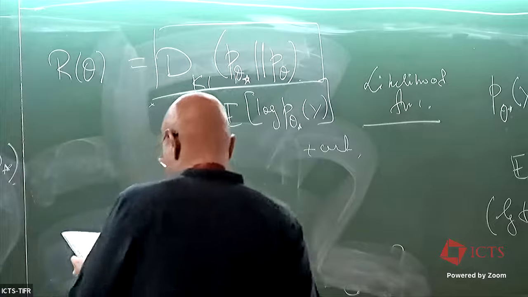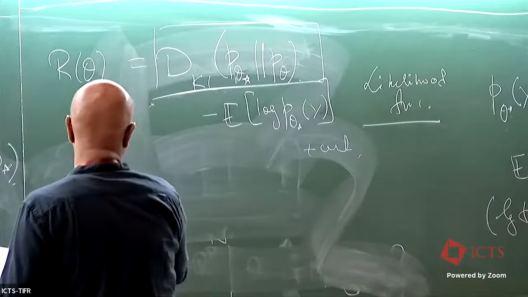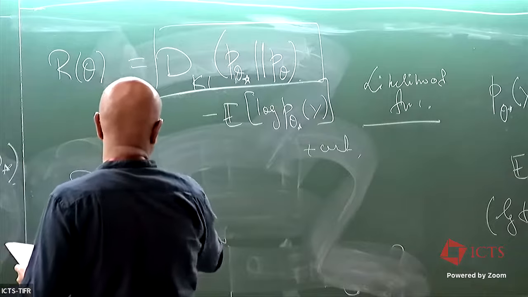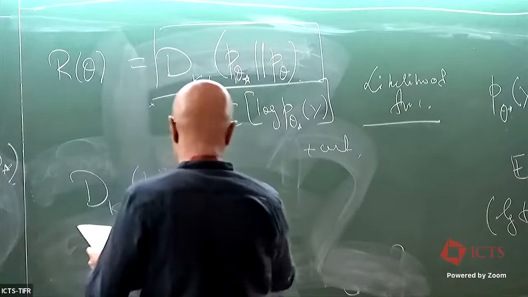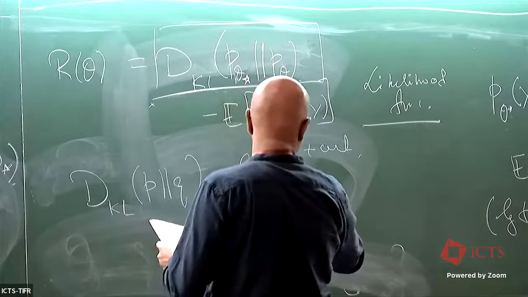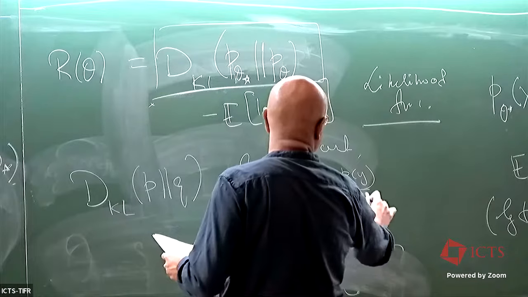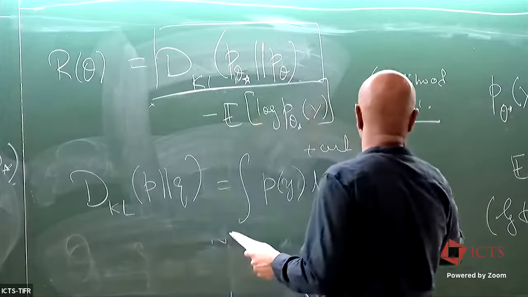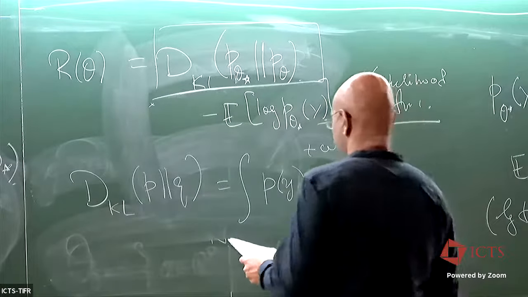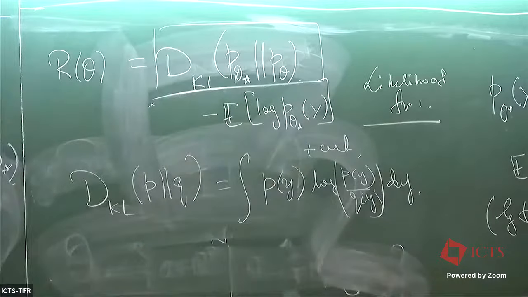This is a good point to define the Kullback-Leibler divergence between two densities p and q, which is essentially the integral of p(y) log p(y) by q(y). The Kullback-Leibler divergence is a famous quantity.